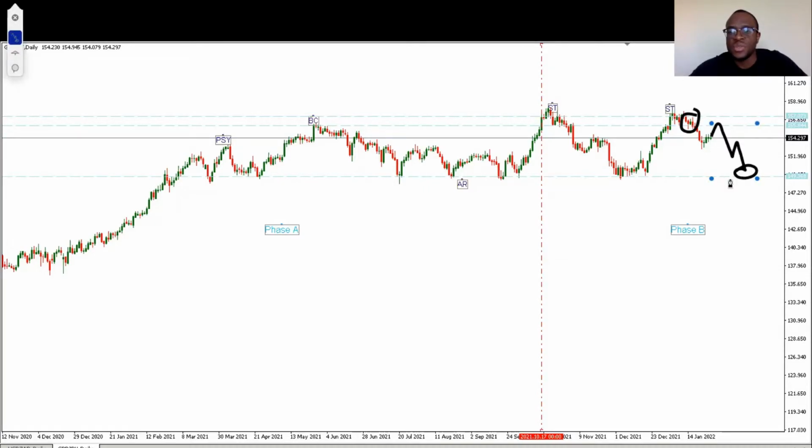However, the continuation of this might play out like this. It may come and mitigate this order block, and in the process make a downward push, breaking the support area, forming that sign of weakness, maybe in phase D. Once it does that, we'll be expecting the price to pull back, retesting that as a resistance zone.